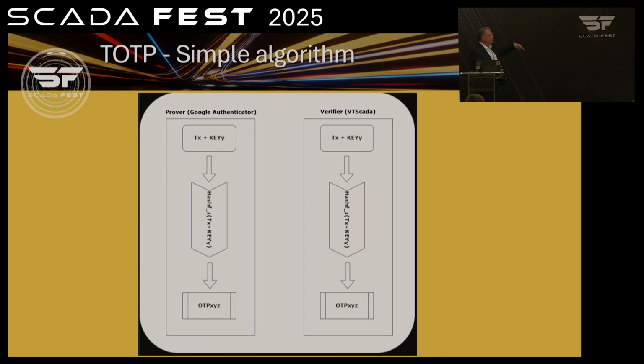They pass that through a hash function, which of course has to be the same hash function. The result is a one-time password. So if both have the same time, same key, and same hash function, the result must be the same. That would be the OTP, the one-time password.